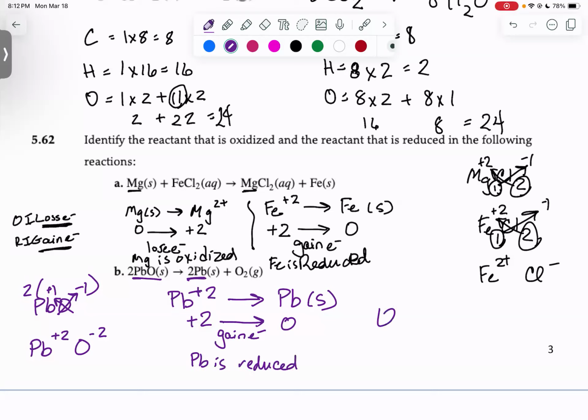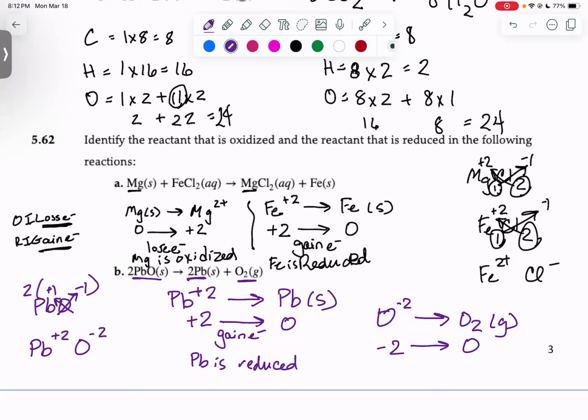Okay, how about O? All right, so I'm going to take my oxygen, and it was a charge of -2, so that's a -2 going to O2 gas. Well, O2 is a covalent compound, right? Did I make any ions? No, so I have a charge of 0.